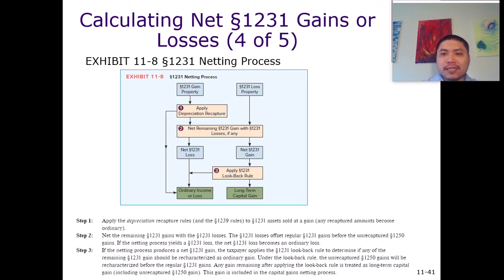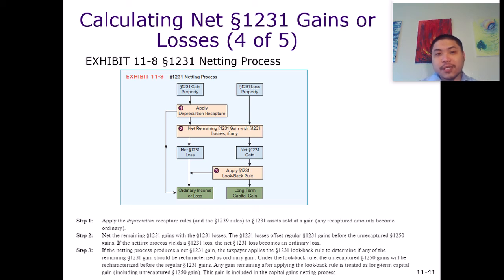This person knows that some of the transactions are going to result in a loss, and some of the transactions are going to result in a gain, right? This person also knows that a Section 1231 loss can be treated as ordinary loss, and Section 1231 gain can be taxed at a very preferential rate. So if this person knows such details, he or she may want to plan carefully which assets to sell first and which assets to sell later.